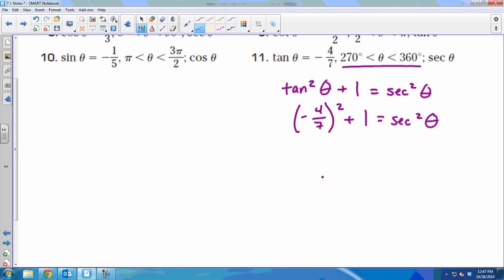So we get 16 over 49 plus 1 equals secant squared. Well, tangent is negative, but you square it. We're not rounding anything, so we're using fractions. All right, then we're going to add this 1. So again, a 1 is just 49 over 49 because you need a common denominator. So 16 plus 49 is 65.